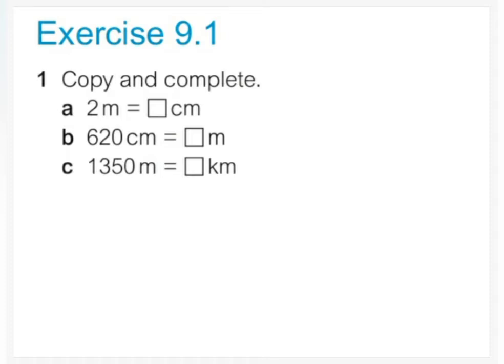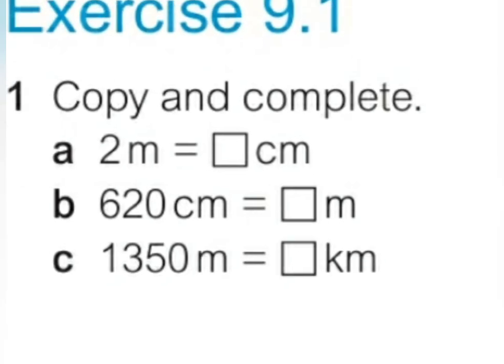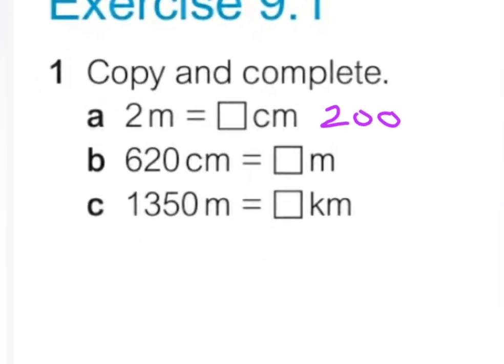Very good, multiply by 100, because 1 meter equals 100 centimeters. So the answer will be 2 multiplied by 100 equals 200 centimeters.